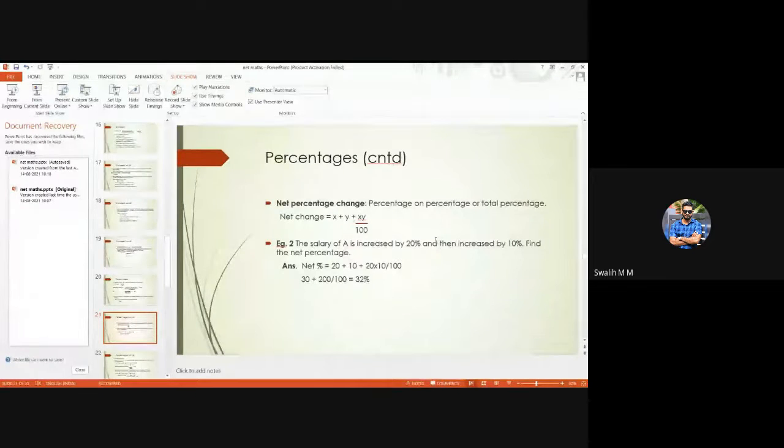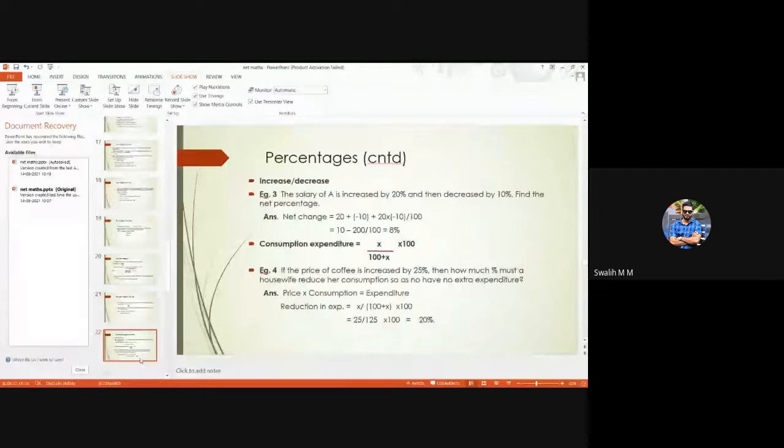That is, here it is given 20 plus 10 plus 20 into 10 by 100. That is 30 plus 200 by 100. That is 30 plus 2 equal to 32. You just need to learn this formula if there is given more than 1%. This is also very easy.